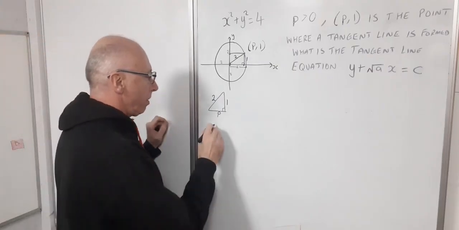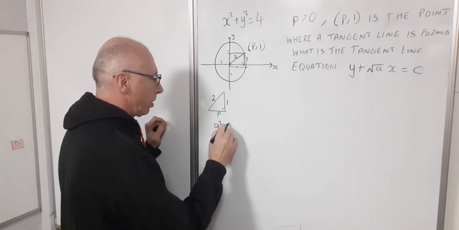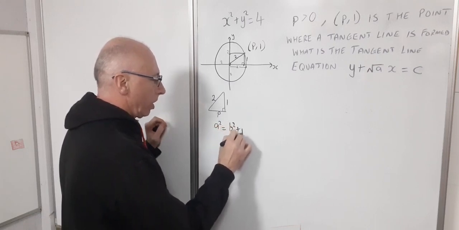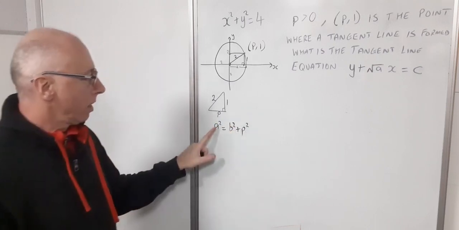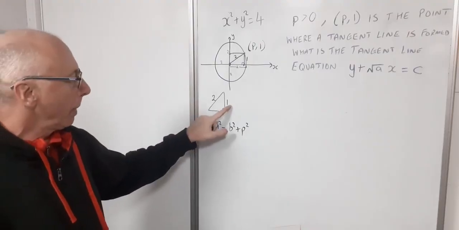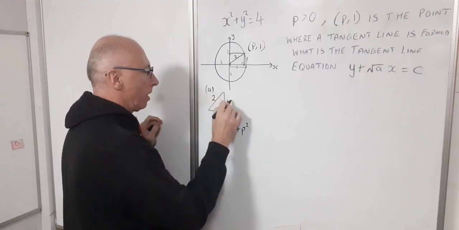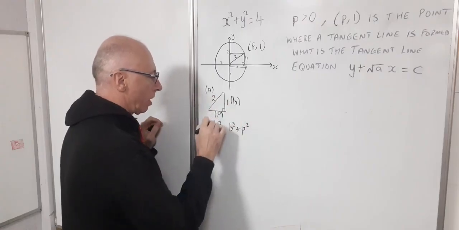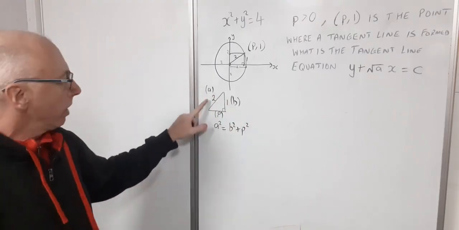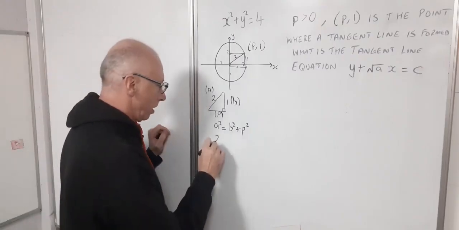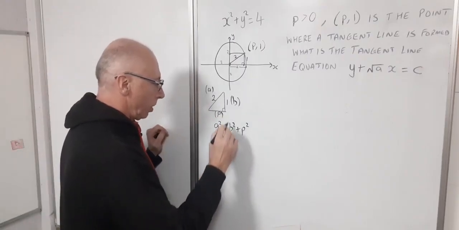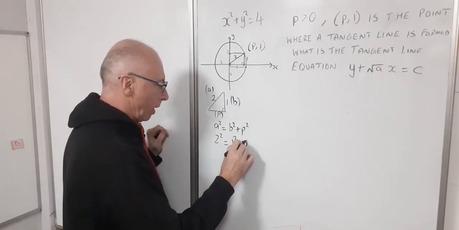So Pythagoras' theorem, a squared equals b squared plus, in this case, p squared. So a squared is our hypotenuse, b would be here, and p would be here. So a squared, that's 2 squared, equals b squared, which is 1 squared, plus p squared.